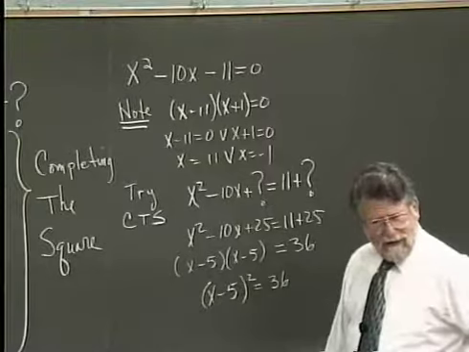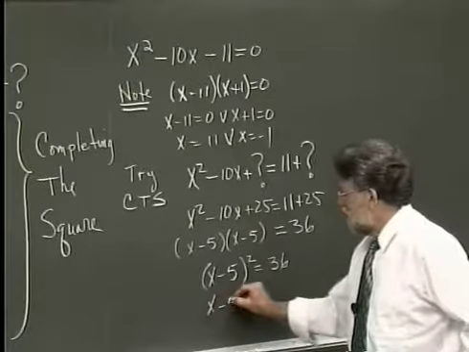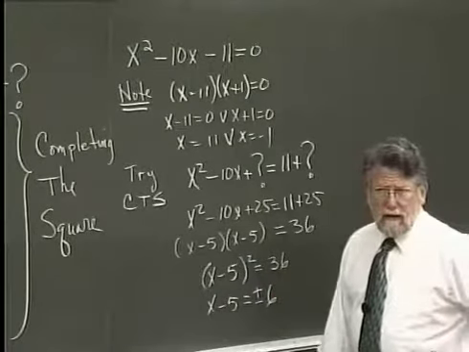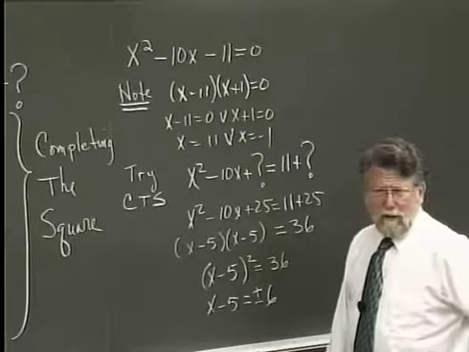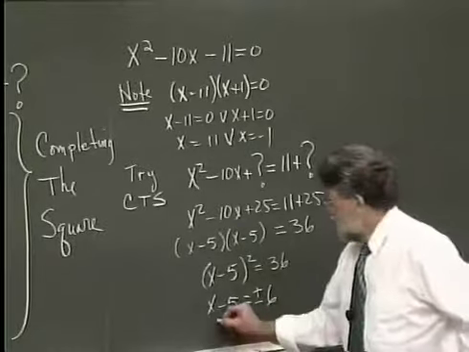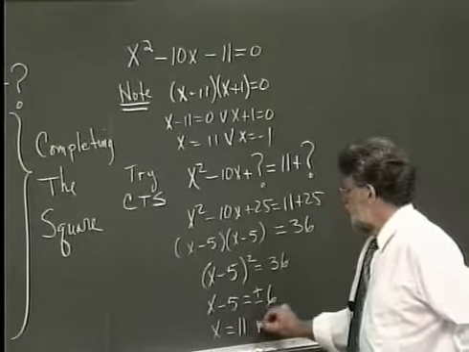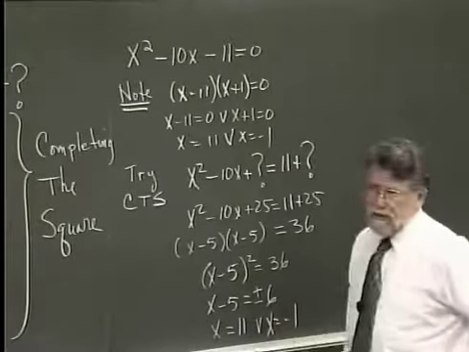Pardon? Well, not yet. I mean, we're getting close. x minus 5 equals plus or minus 6. And because I'm running out of room here, we would say x equals 5 plus or minus 6, which means x is equal to 11, or x is equal to -1, and I have the same solution.